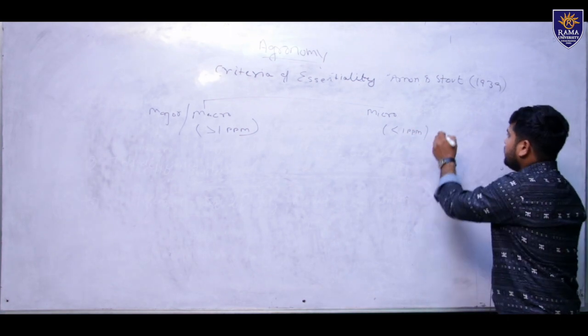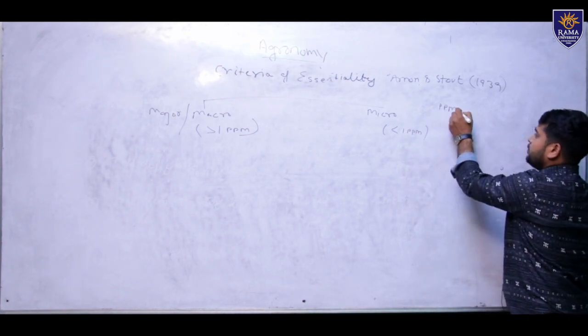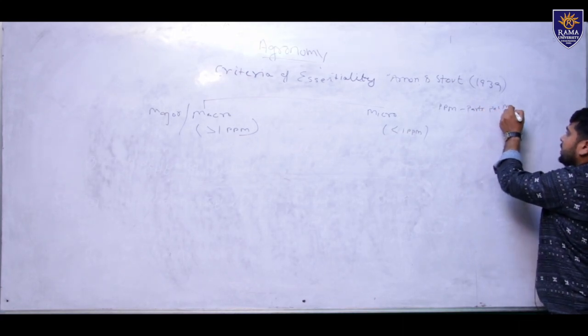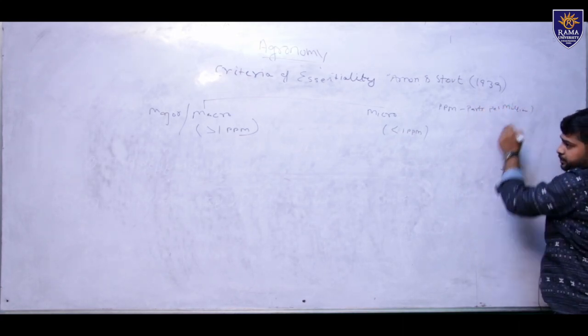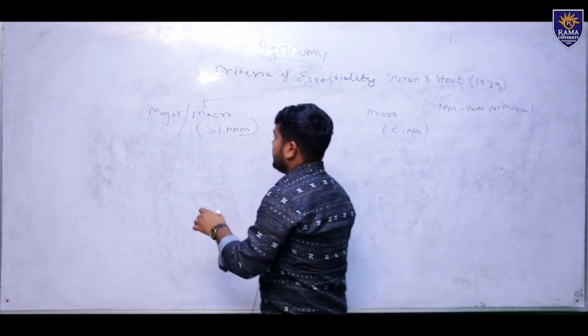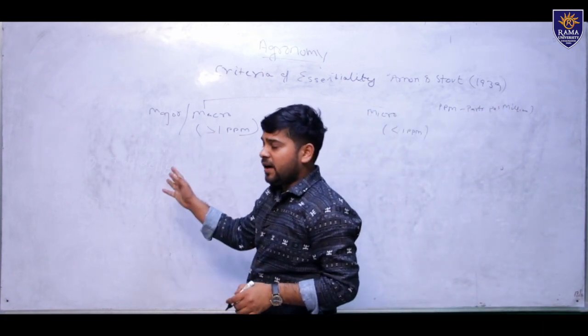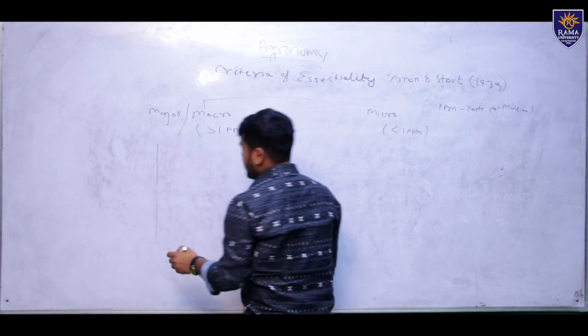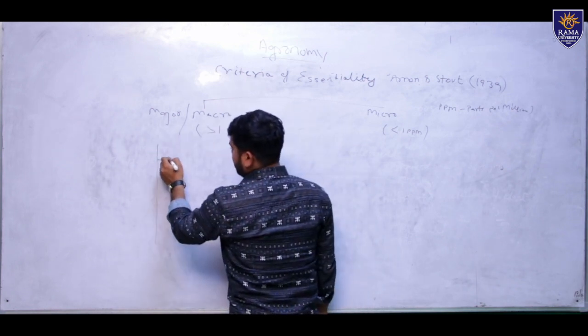What is ppm? ppm is parts per million. And major or macro elements are again divided into three parts. That is, basic elements.